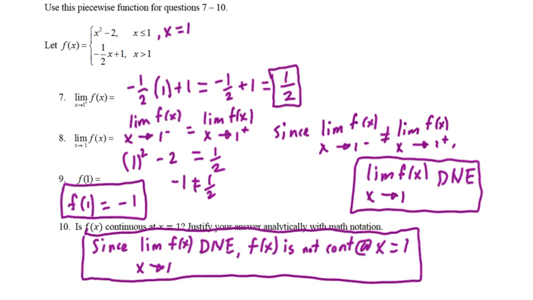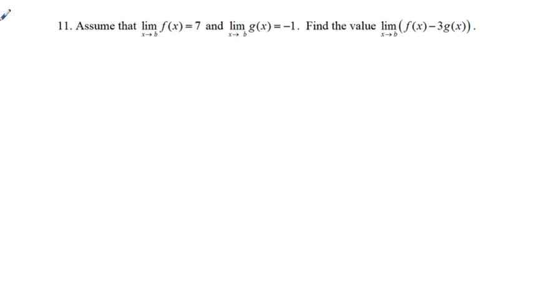Okay, next problem, 11. Assume that limit as x approaches b of f of x equals 7 and limit as x approaches b of g of x equals negative 1. Find the value of limit as x approaches b of f of x minus 3 g of x. Well, that's going to be equal to, we're given what the limit of f of x is, 7.